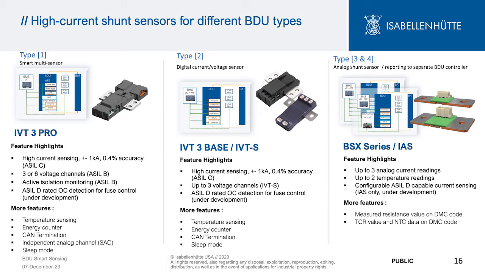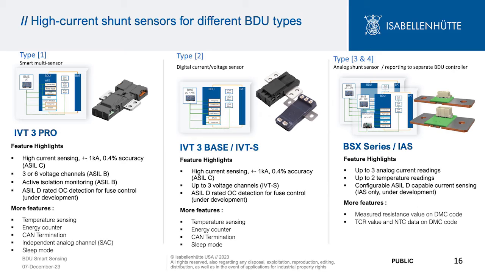There we offer several current sensing ranges and a total range of 1000 amps for IVT3 base with total accuracy of 0.4%, and IVT3 base, just as IVT3 Pro, was developed according to ISO 26262 and hence has an ASIL C rating on the current sensing. IVTS is ASIL QM rated.